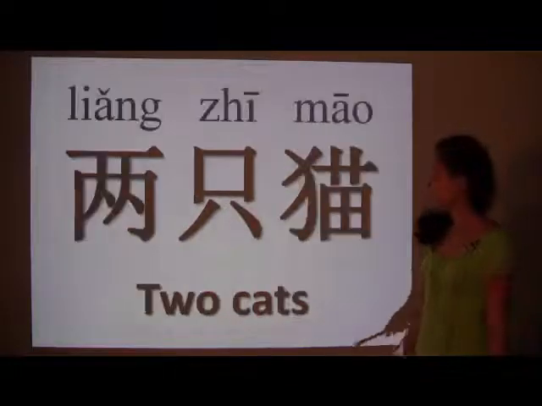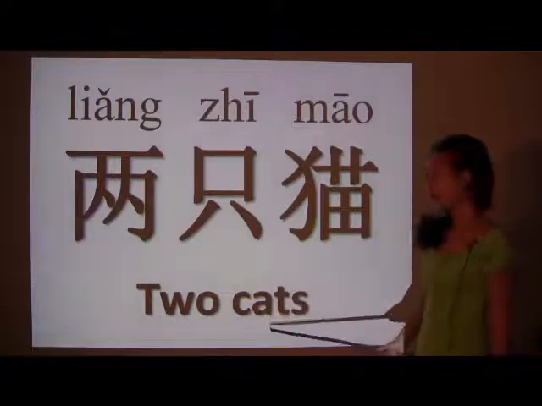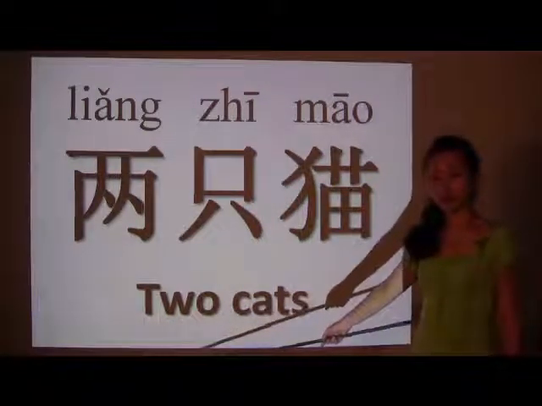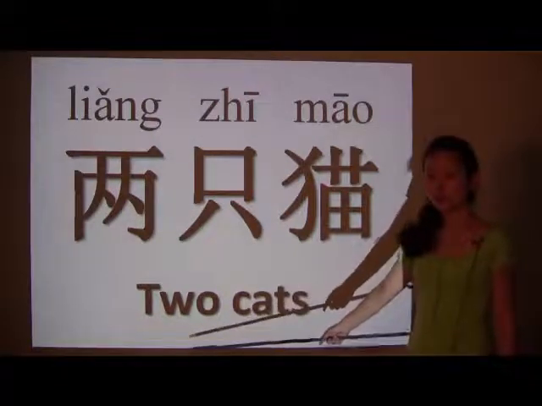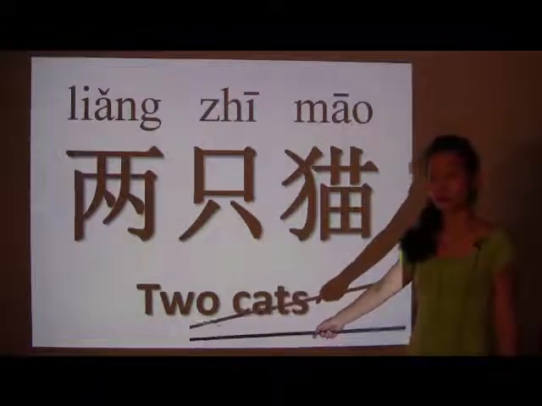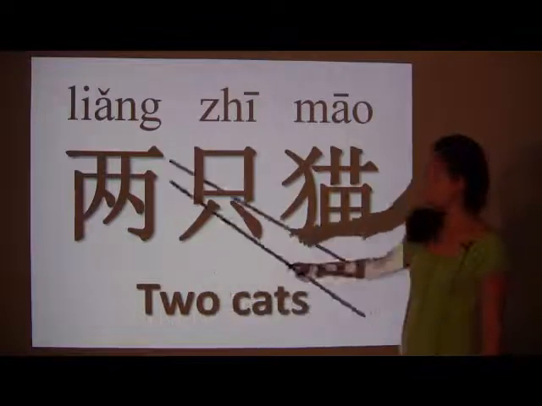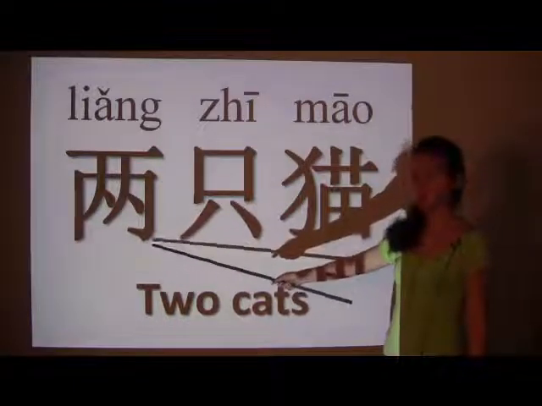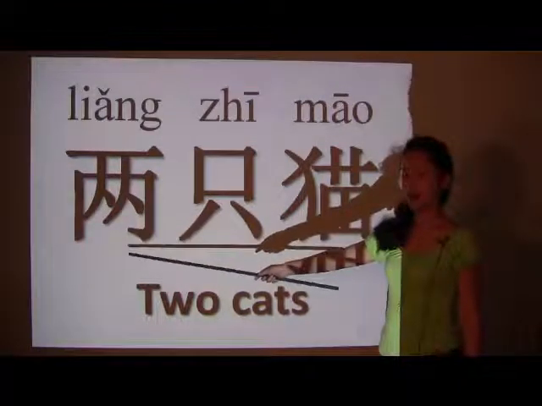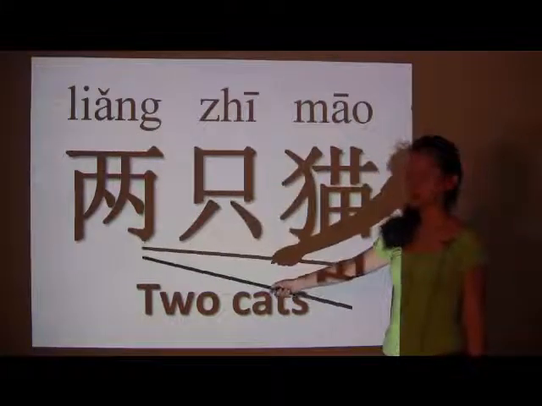So if you had multiple, all you would do is change the number that goes before the article. For example, if you want to say 2 cats, well, we know that the article for animals is 只, and since you have 2, you might say, why don't we use 二, since in numbers, 二 is 2. But in this case, it's a special form of 2, and you have to use this. It's 两, 两 for 2.